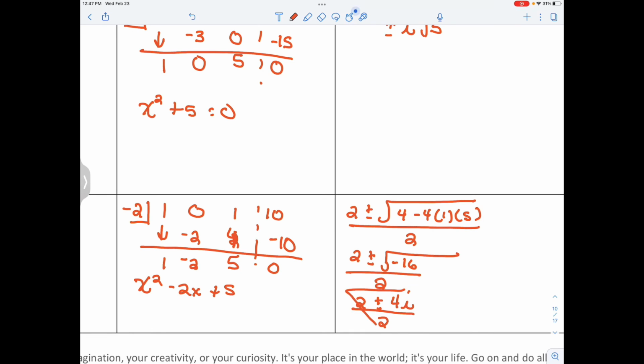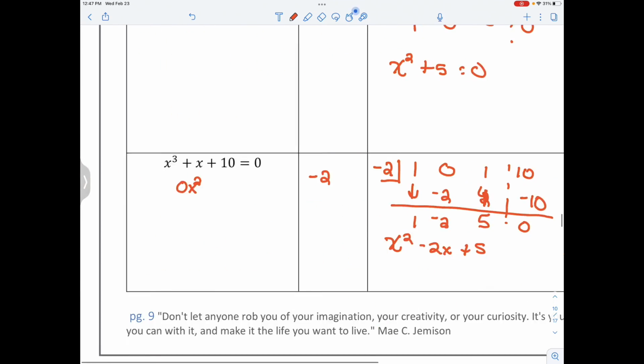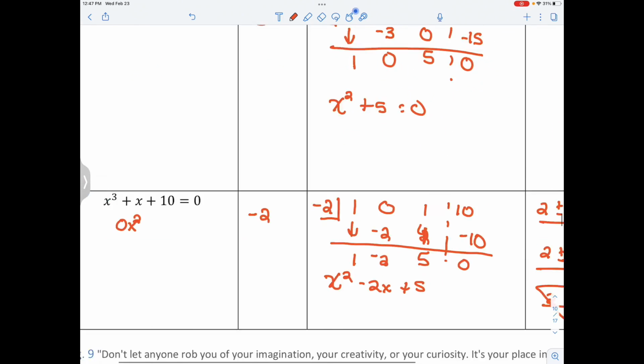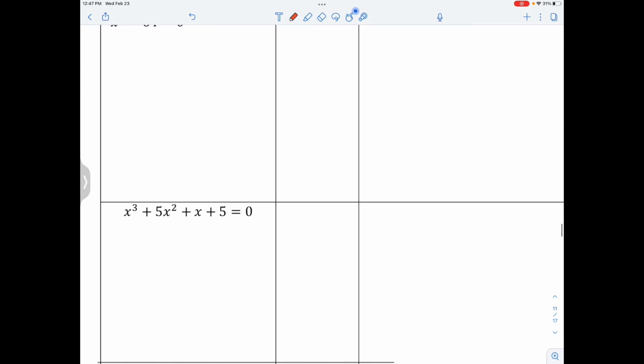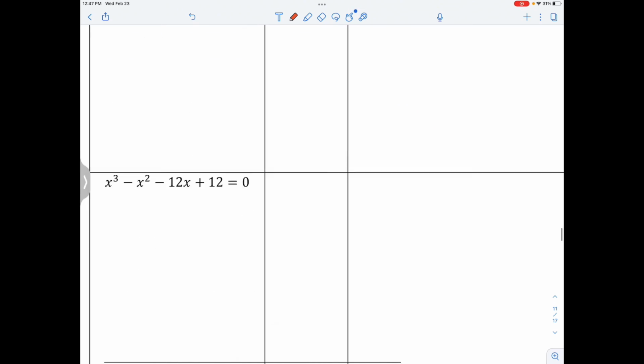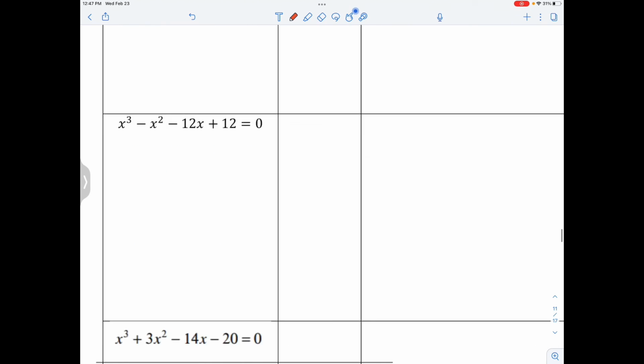And again, we do our triangle, so we get 1 plus or minus 2i. And that would be our other two roots.